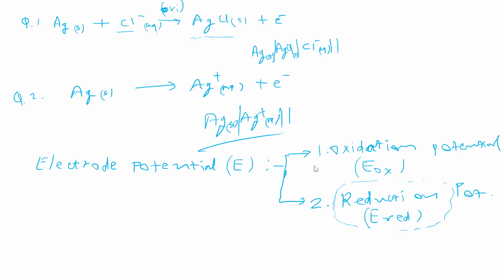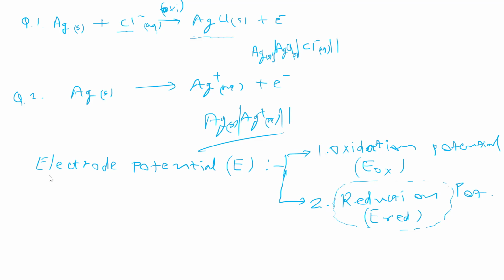If the reaction is reduction, then the potential given is the reduction potential. But if nothing is given, and you are just given the term electrode potential and a value, then you take reduction potential. It is the convention fixed by IUPAC, so just remember this: whenever it is not mentioned, you take electrode potential as reduction potential.